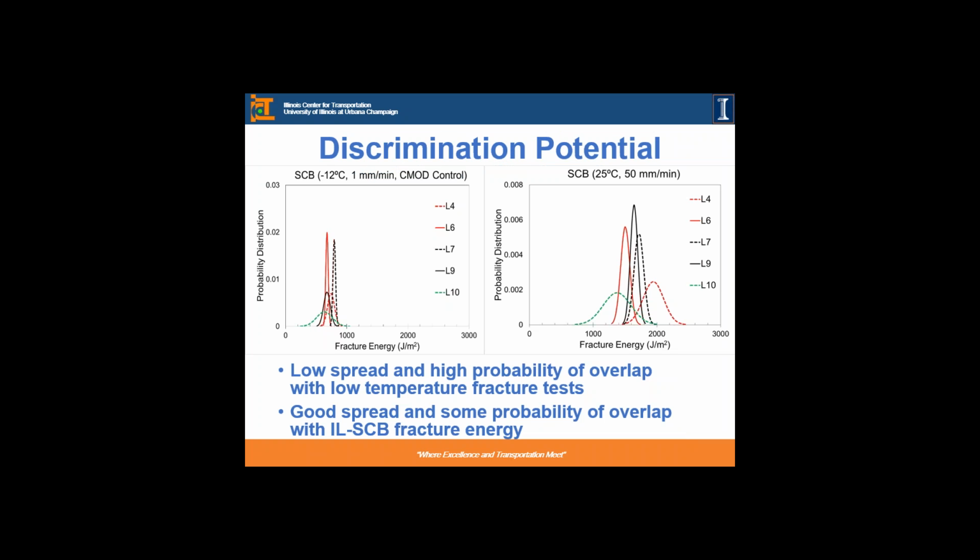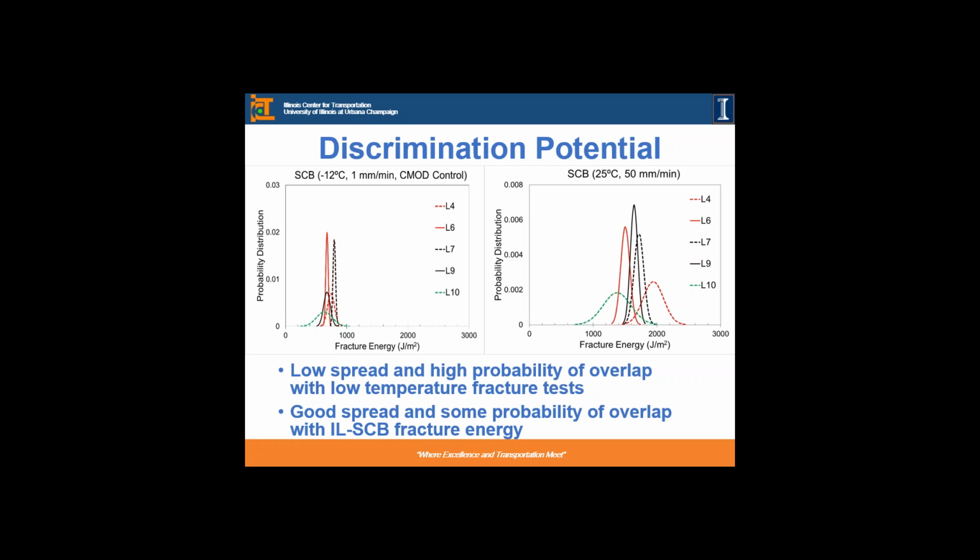One of the criteria is that we want significant discrimination potential, or significant spread in the data. When you look at all of these mixes, which we think should definitely be different from each other, and look at the low temperature probability distribution, most of these curves are overlapping. That means if you want to separate them statistically, they are probably all going to be the same mixes in terms of their fracture energy.